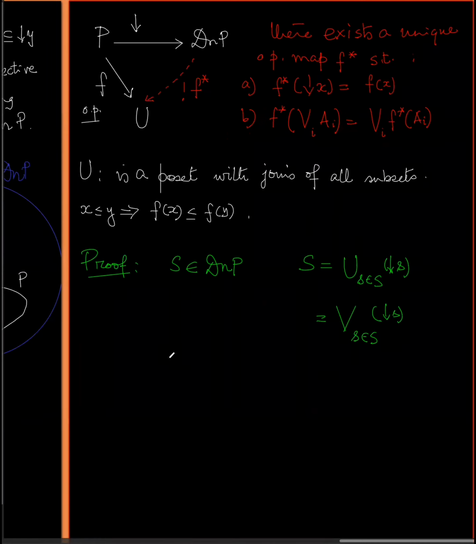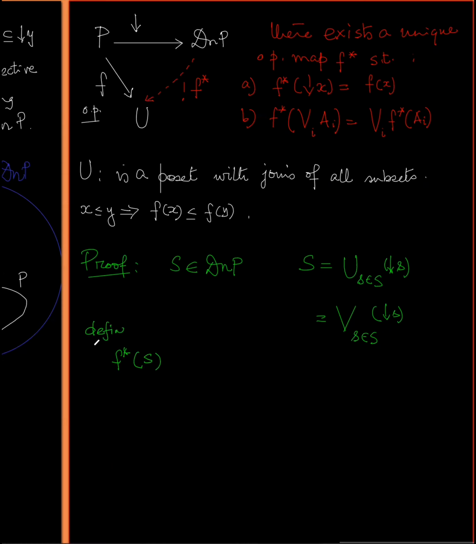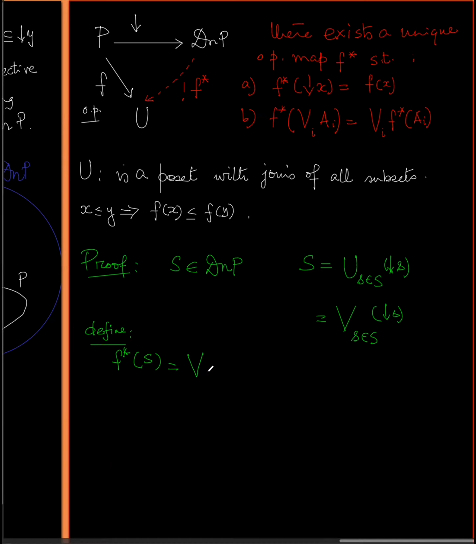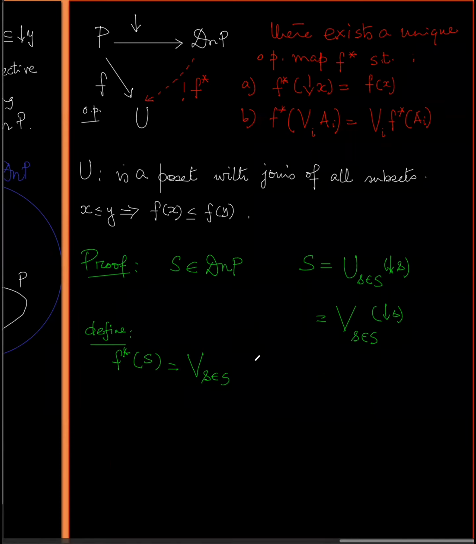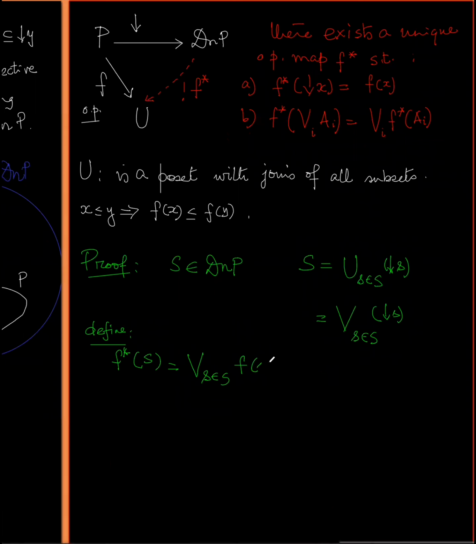And then what do I do? If I have to have a function like this, there is only one possible choice that I should make, I define it as this.